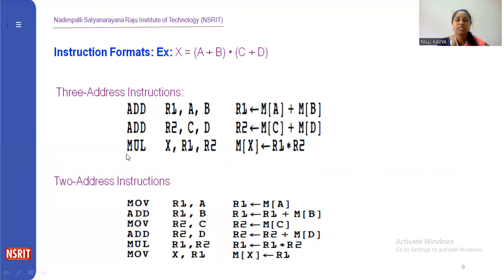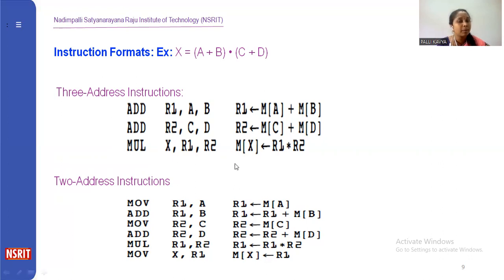So these three are the operations and these three are the memory addresses which store the data. If we need three address instructions, we need these three instructions to perform this operation. Now let us see the two address instruction. The name itself indicates that the instruction is restricted to use only two addresses.